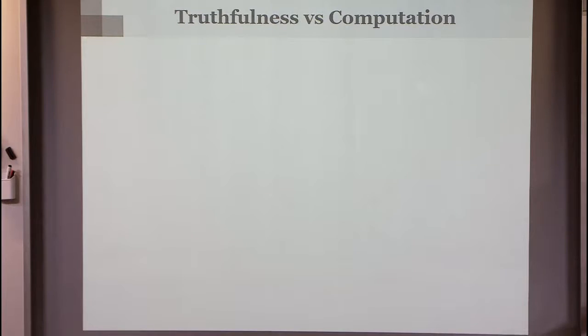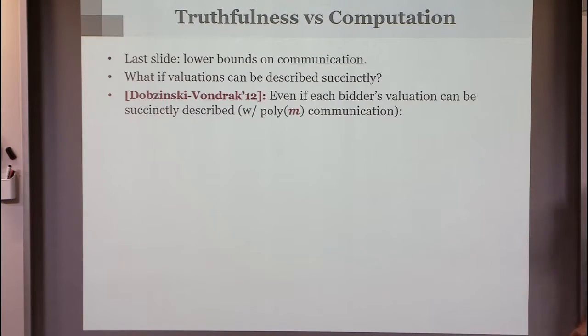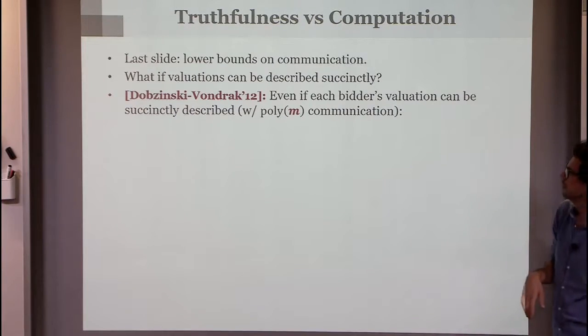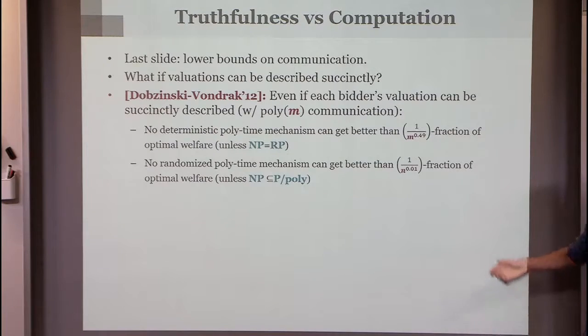Now let's go back to the other problem, the conflict between truthfulness and computation. What if the valuations of the bidders can be described succinctly, so there's no issue with communication? Again, things aren't good in general. Even in settings where each bidder's valuation can be succinctly described with polynomial in the number of items communication, you still cannot get mechanisms that guarantee a constant fraction of the optimal welfare. These are two example results.